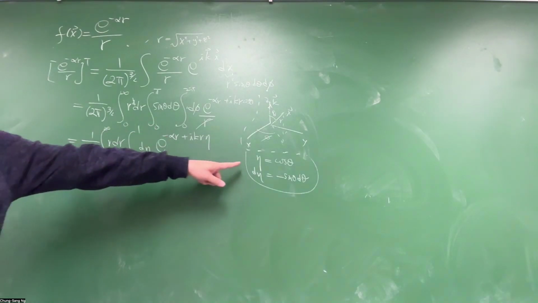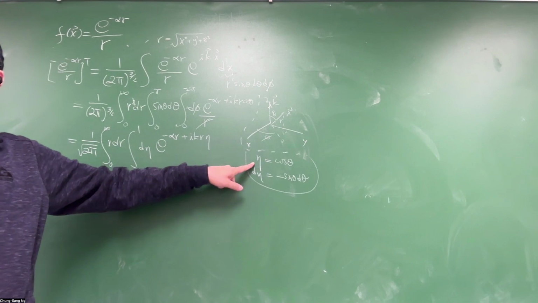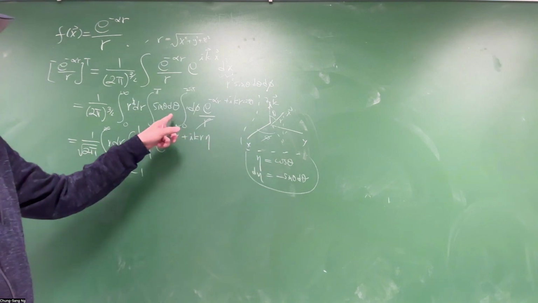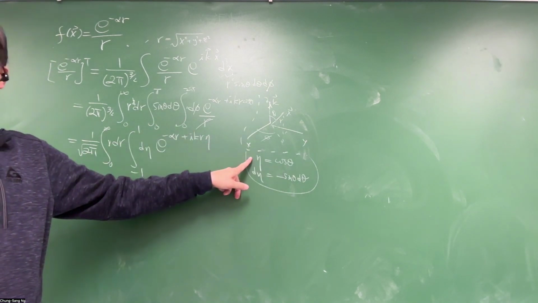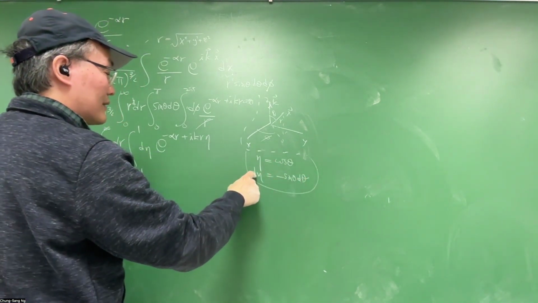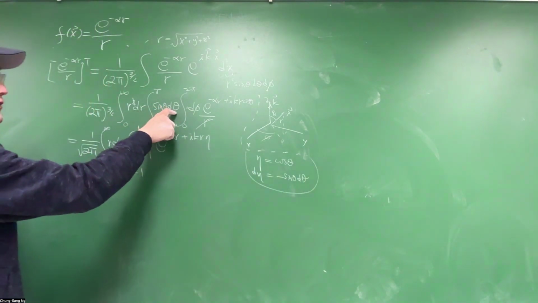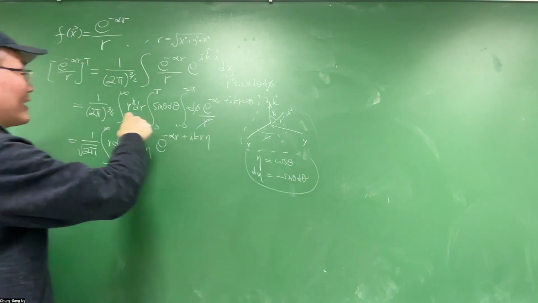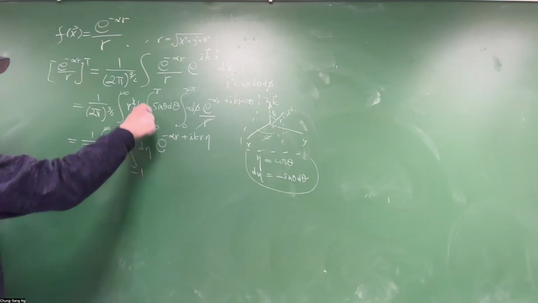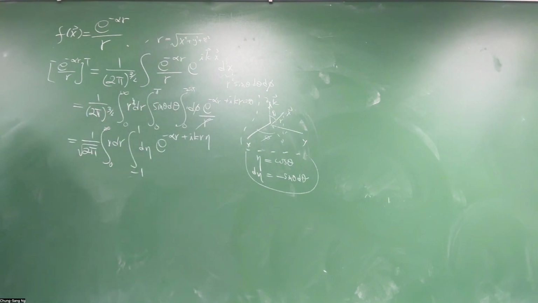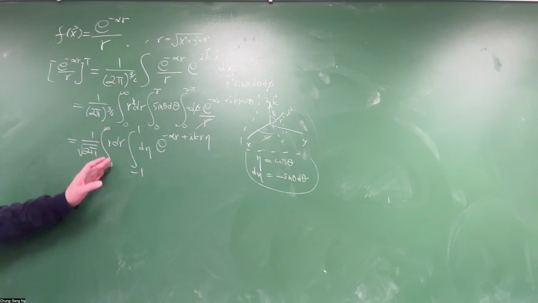I define a new variable eta as cosine theta, and then I change the integration variable from theta to eta. So instead of d theta, I use d eta, and sine theta d theta is minus d eta. But the range of eta is originally 1 to minus 1, and I use minus 1 to 1. This is very commonly used.